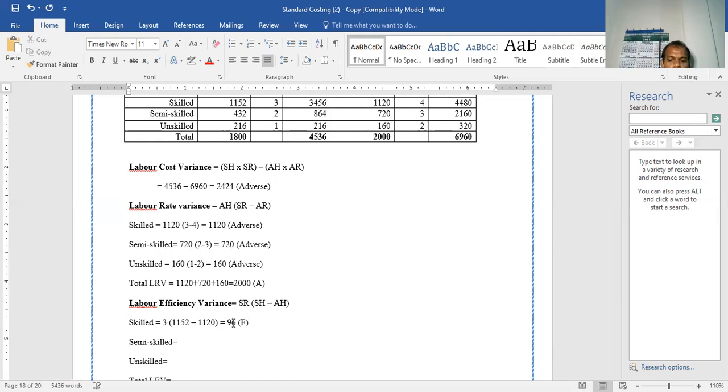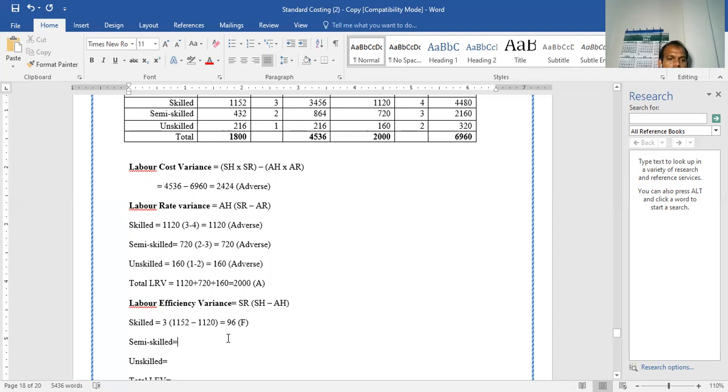So simply identify: if it is a minus value, mention adverse or A; if it is a plus value, then it is a favorable variance.